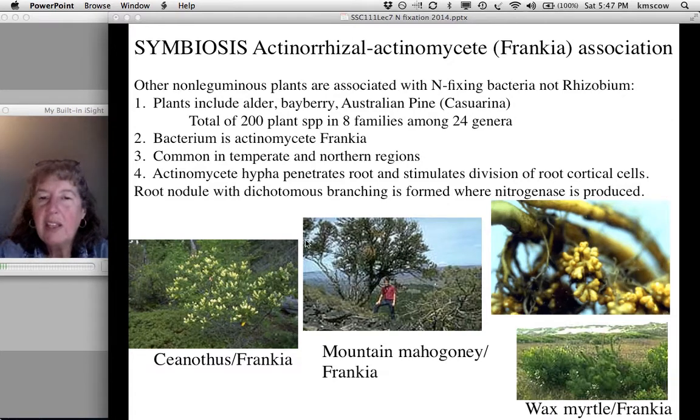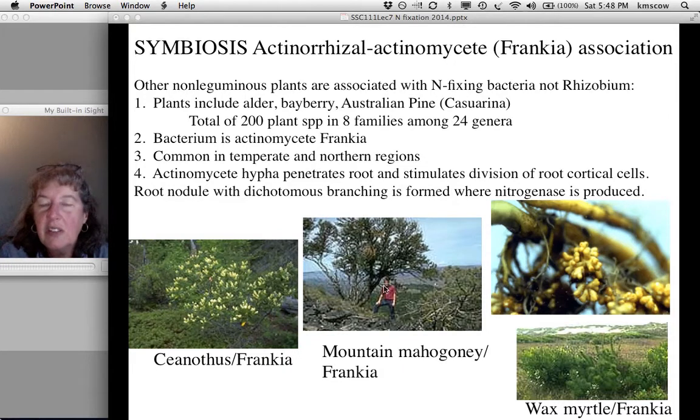Okay, there's a second important symbiosis that's really common in California with actinorhizal plants and an actinomycete called Frankia. Frankia, the bacterium that fixes nitrogen, not to be confused with rhizobium. So these are non-leguminous plants that are associated with bacteria that are not rhizobium. They are actinomycetes. Plants include alders, bayberries, casuarina, ceanothus, mountain mahogany.